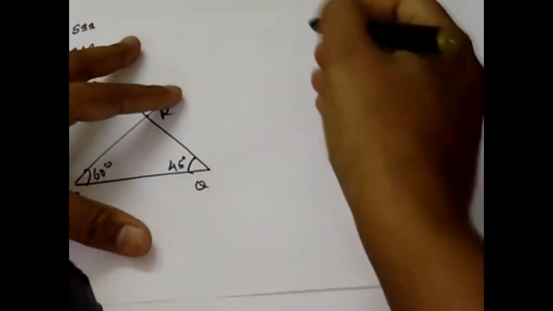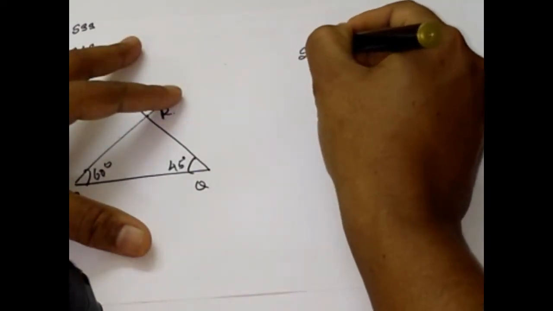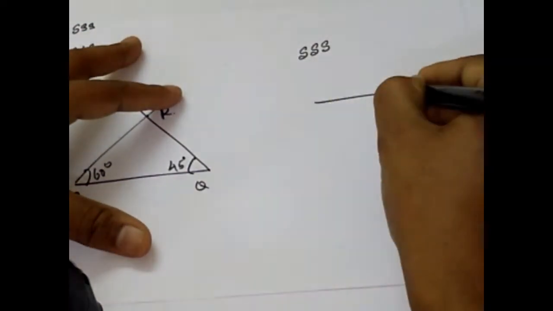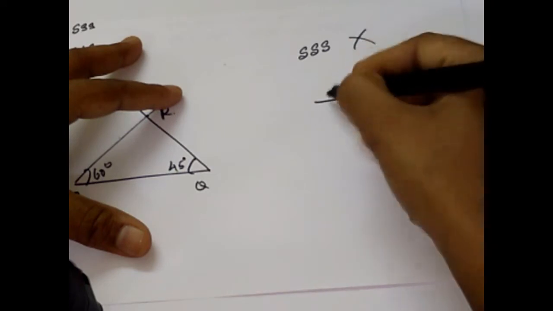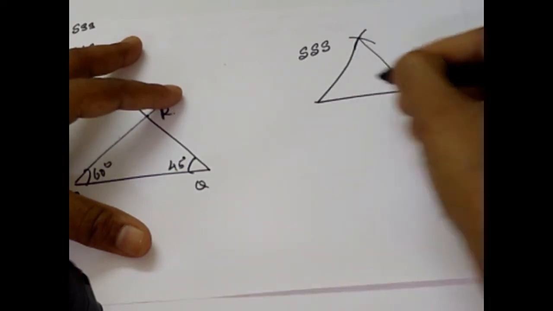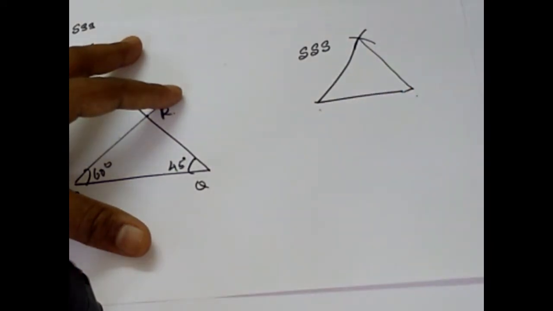In the first method, when we were constructing triangles with three sides, we constructed a baseline and the third vertex was obtained by the intersection of two arcs from the first point and the second point of the baseline respectively.